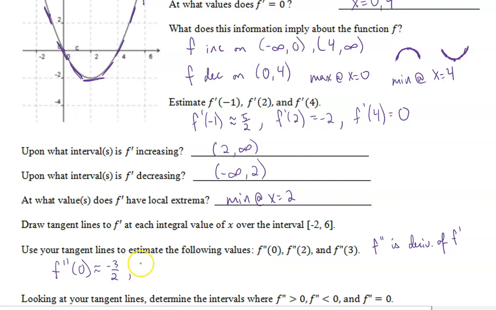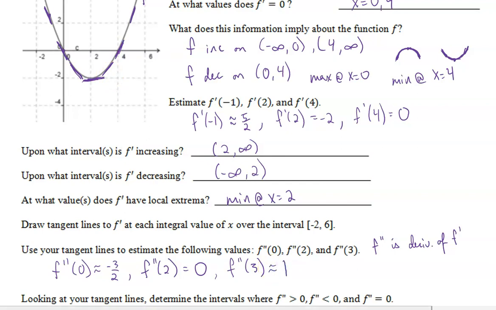Okay, f double prime of 2, that's happening at the min on f prime, so that is equal to 0. We have a slope of our tangent segment of 0. And f double prime of 3 is positive, not quite as steep as this one, so let's just say somewhere right around 1. Okay, about 1.